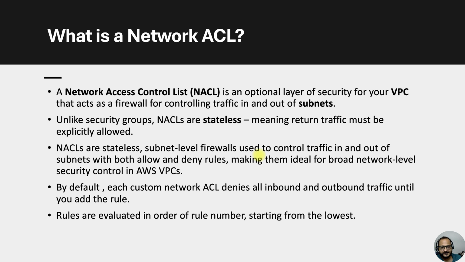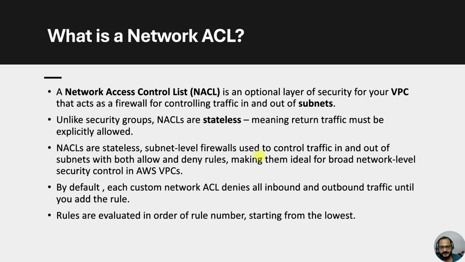What does it mean? Whenever you create any custom network access control list, by default the traffic will be denied. You have to explicitly allow the traffic if you want, otherwise it will restrict all the traffic. As we know, whenever we create a virtual private cloud, we get a few things by default, like security groups and the network access control list.